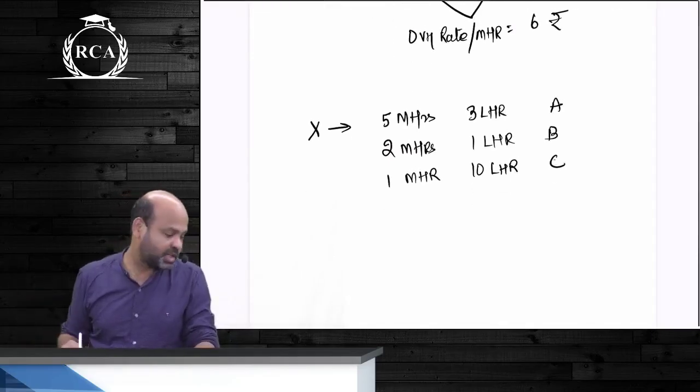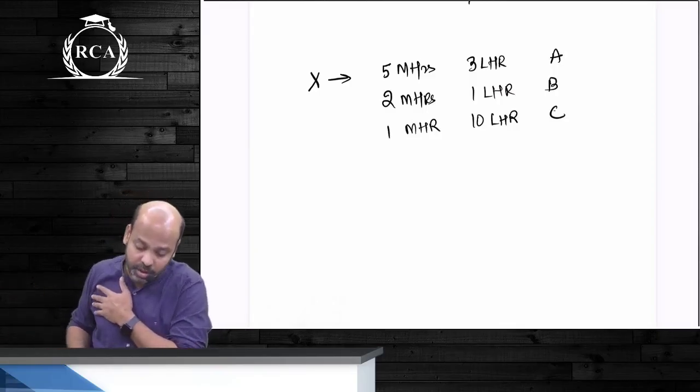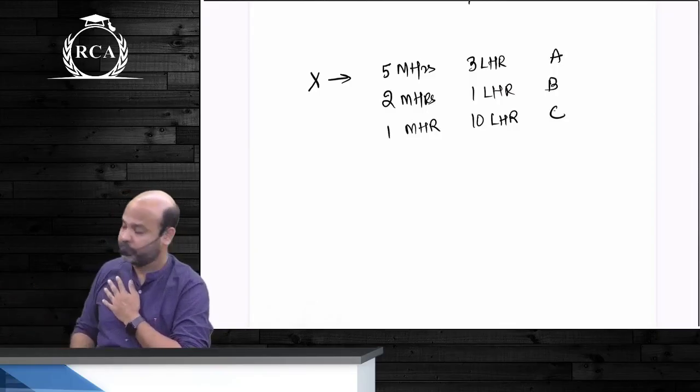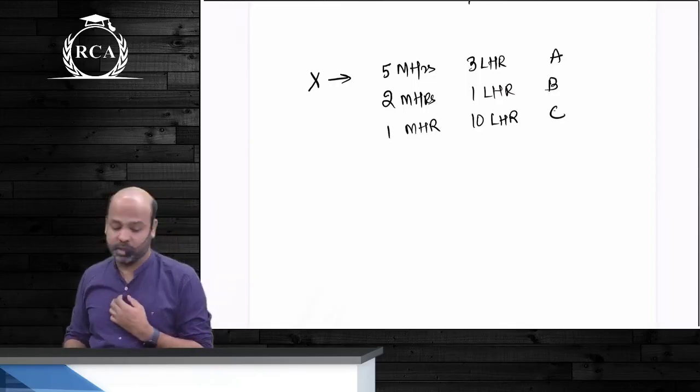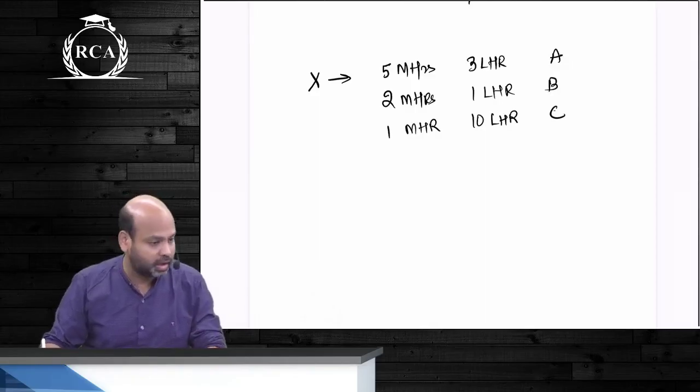Product X manufacture कर रहे हो. Product X has to go through all the departments. How much time are you spending on product X in department A? 5 machine hours and 3 labor hours. In the second department, 2 machine hours and 1 labor hour, 1 machine hour, 10 labor hours.